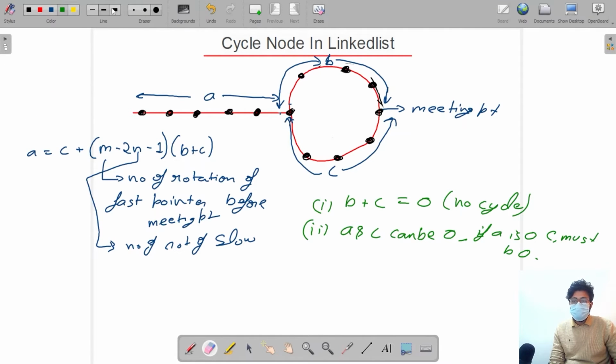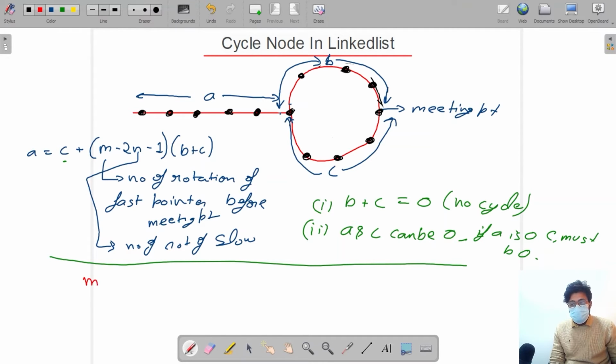Now understand two concepts. Now comes the main part. If A is 0, then C is 0, and also M minus 2N minus 1 should be equal to 0.